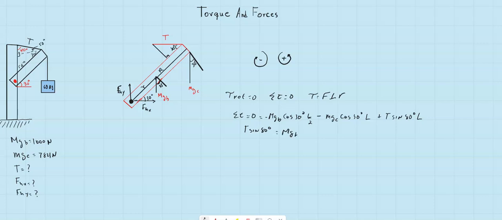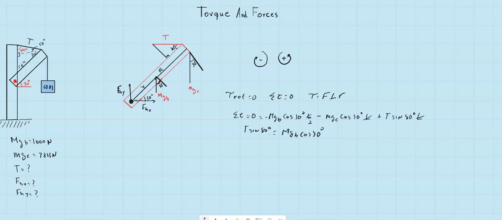It'll be mg of the beam cosine 30 degrees. And right away I know also something: I can get rid of the L, my length, all of these L's.